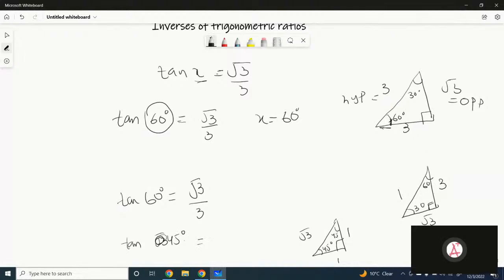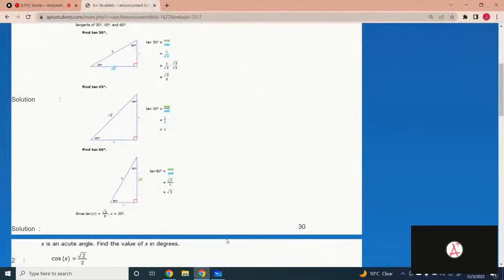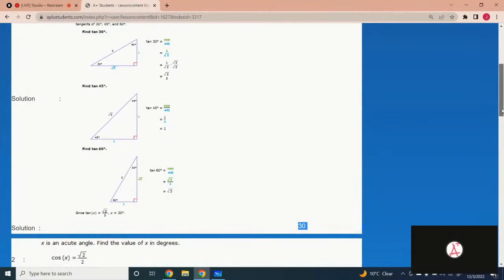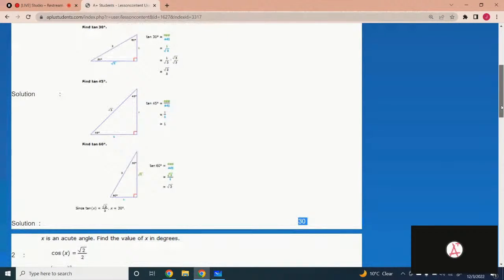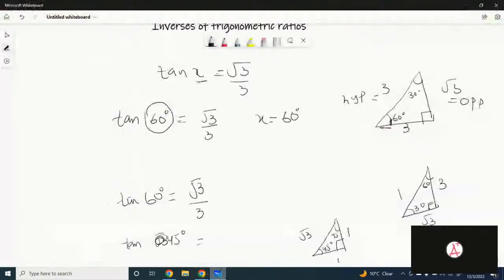When you find tan of angle 45, it would be 1 over 1.